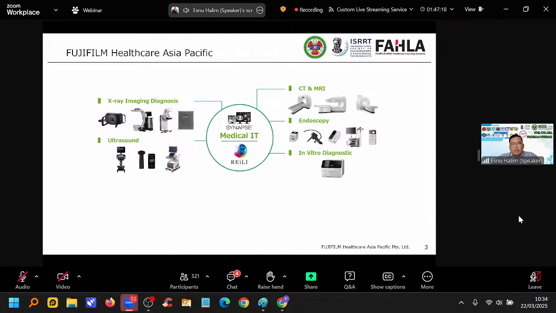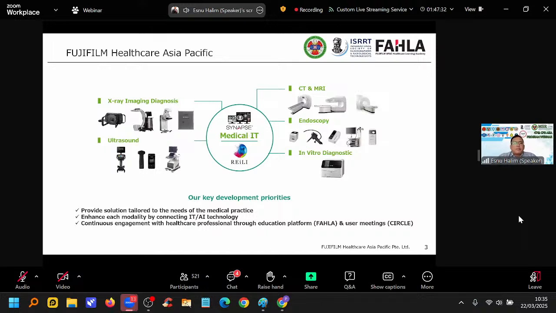And in 2019, when everyone had just started discussing artificial intelligence, we had already established our AI platform. We call it REiLI. So this is how Fujifilm Healthcare has developed and sustained until now.